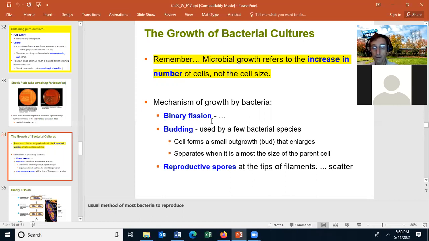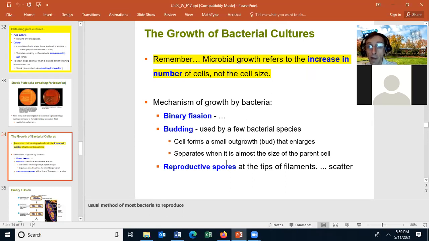The other copy is left in the parent cell, and then the bud will slowly grow with time, and it will eventually separate from the parent when the bud has grown to almost the same size as the parent cell. So that's how budding happens.